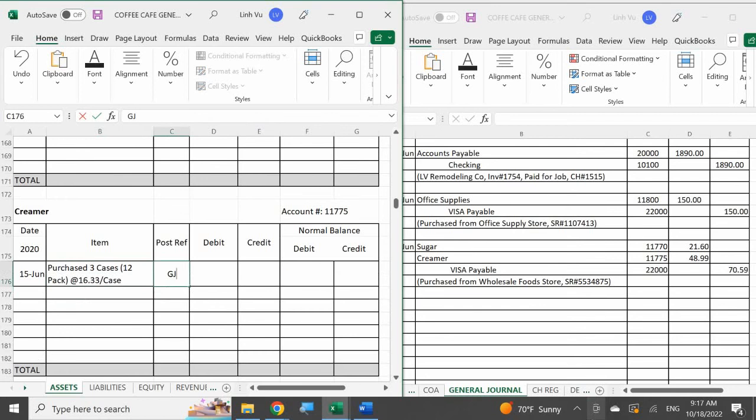Now, when we're making the notes, can we put the sales receipt number? You can if you want to, but in this case, it doesn't really matter. And it was for $48.99.